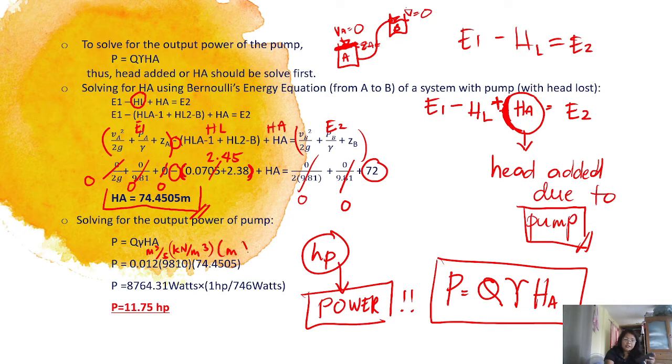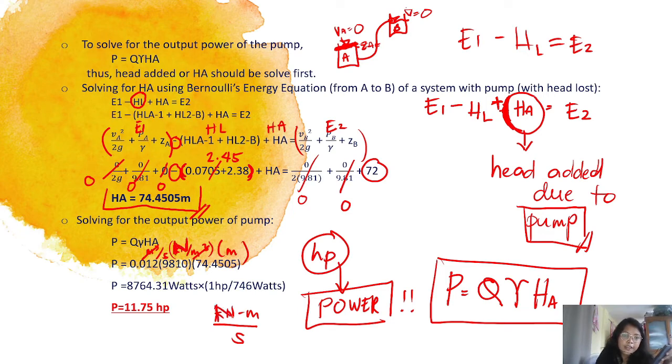So ano makukuha nating unit? Diba, ang unit na lang natin is cancel out yung cubic meter, kilonewton meter per second. Ay, hindi pala siya kilonewton. Kasi pag sinabing 9810, newton na yun, no? So, newton per cubic meter.